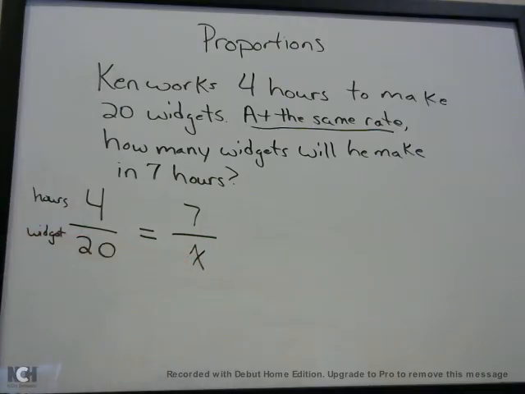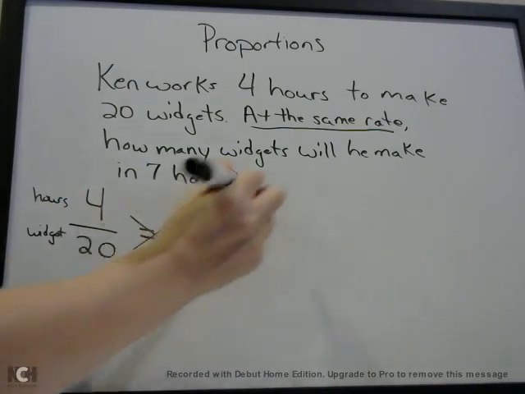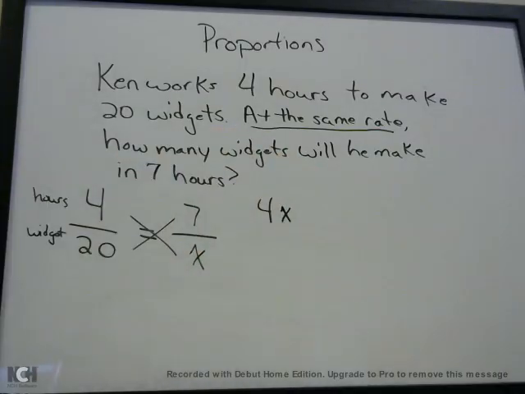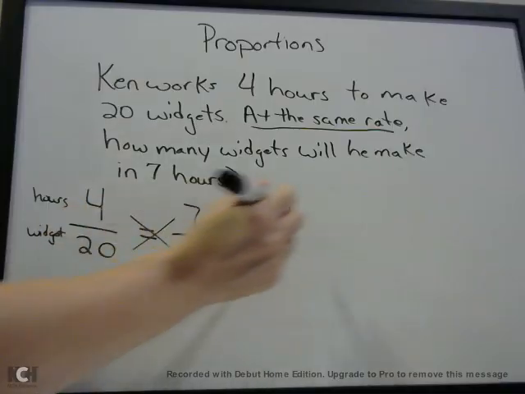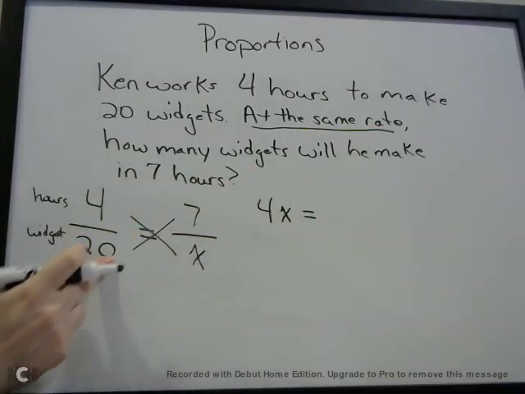We're going to have to solve for x to find that out. So we're going to cross multiply. 4 times x, which you can write as 4x, has to equal 7 times 20.